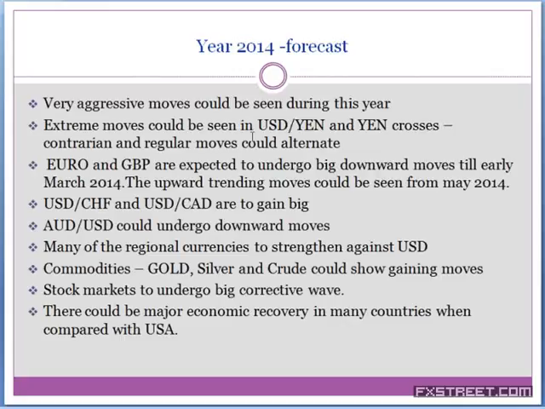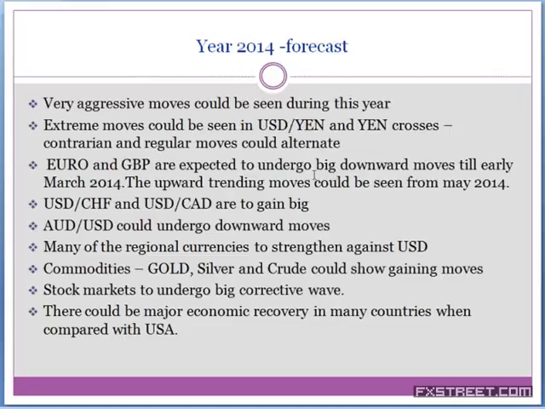In earlier years, in 1999, 2002 and things like that, people were simply telling that yen is unpredictable. No, it does not obey the fundamentals or technicals. A similar situation is expected to happen in 2014. The contrary and regular moves could alternate during this particular time frame.